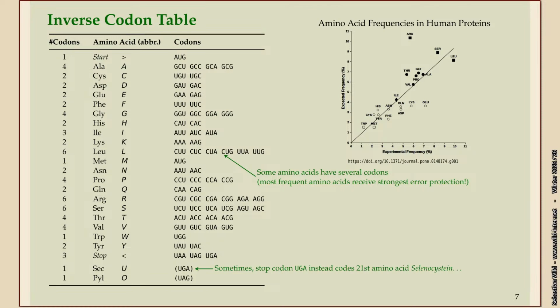Another thing: as I mentioned, there's no rule in biology without an exception. First of all, usually these are stop codons. You can see here UGA is listed there. It normally signals to the ribosome, stop translating and finish this protein that you've sequenced. But sometimes, with some chemical site conditions, it actually encodes for a 21st amino acid that's not otherwise used.